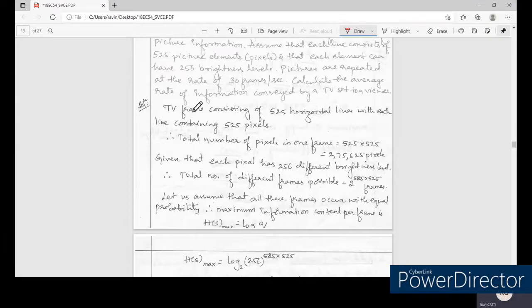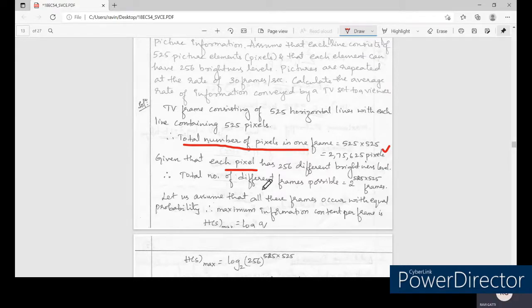Now you can see here the TV frame consists of 525 horizontal lines with each line consisting of 525 pixels. So the total number of pixels in one frame will be 525 into 525. And each pixel can have 256 different brightness levels.